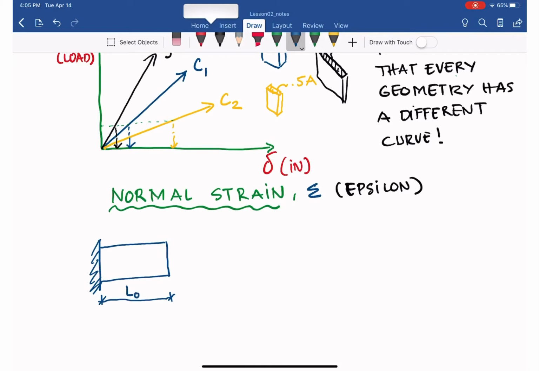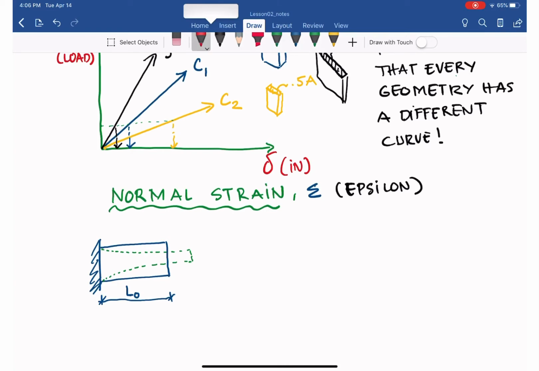Then if we apply a load P to the right, of course it will deform. It will extend, elongating the length of that cantilever, just like the rubber band that I showed you. I just exaggerate that, but it will deform.